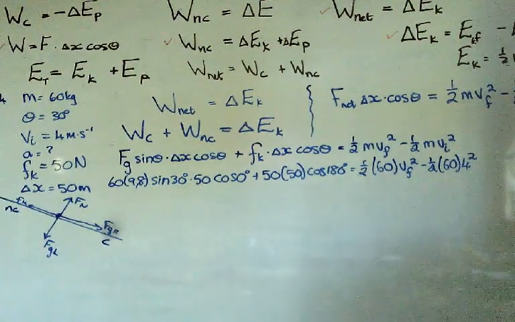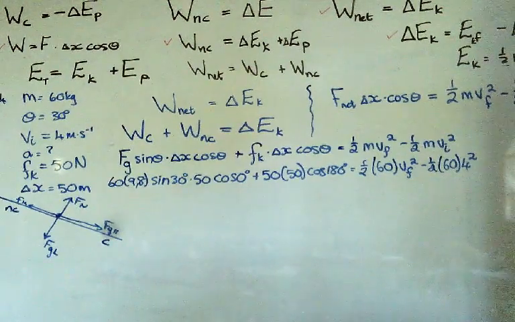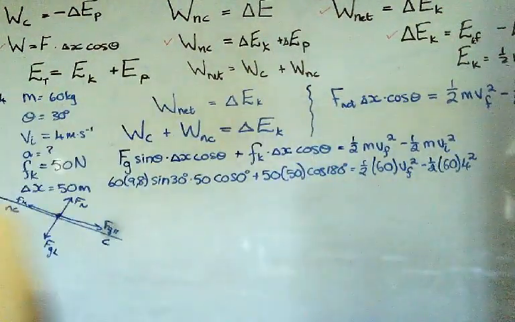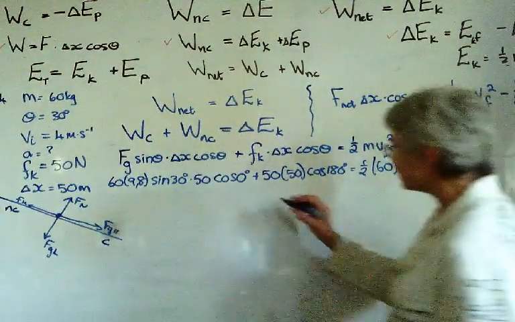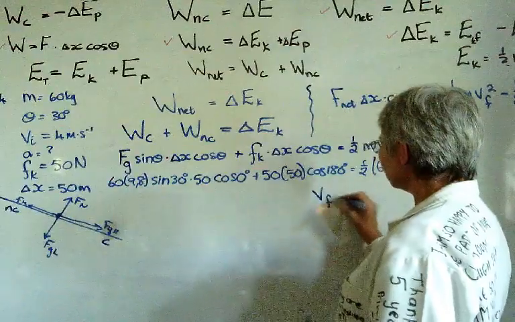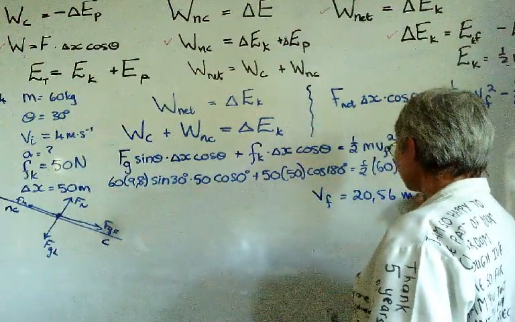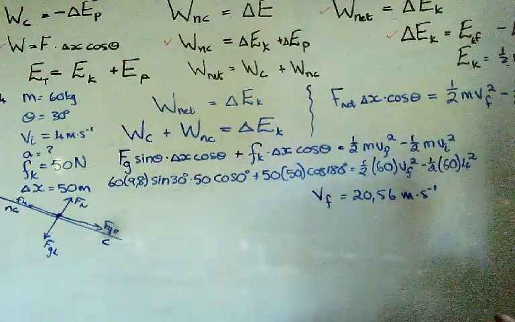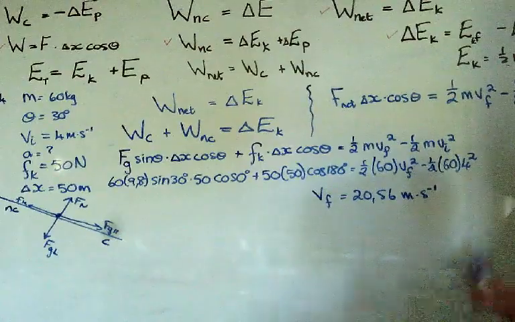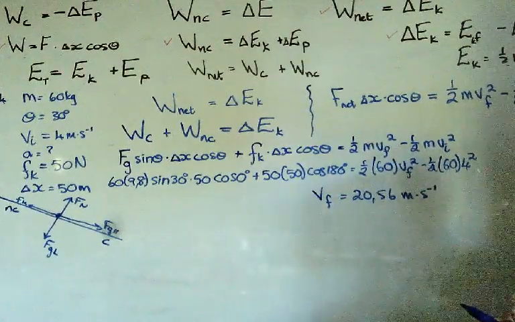Right, so we get, no, wait. 20.56. Yes. Vf is 20.56 meters per second. Did you get it? Okay, so the common mistakes here are that people forget to square the velocity, and they also forget to square root the final answer.